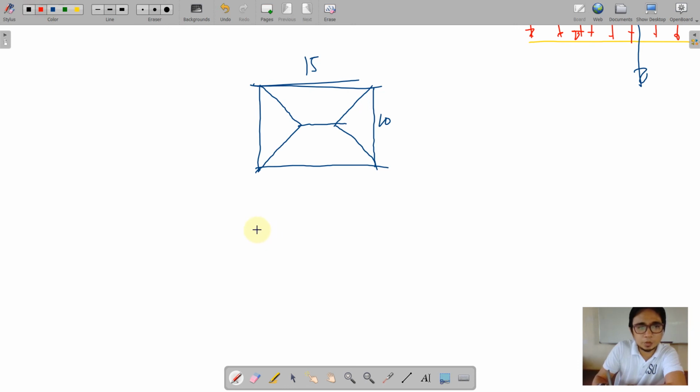So if this will be our beam, we have here the trapezoidal distribution of the loading along B1 or say B2.